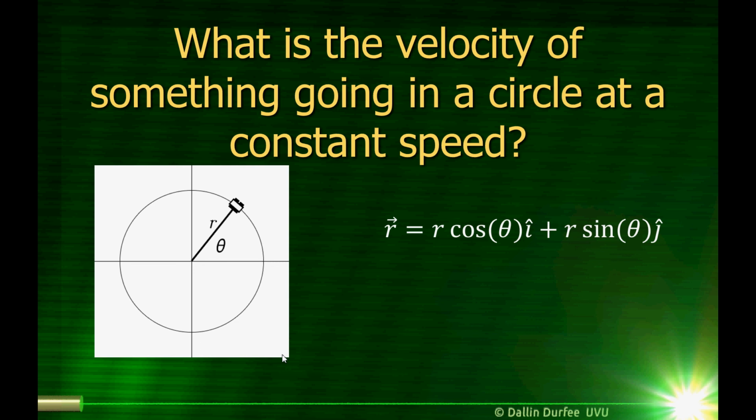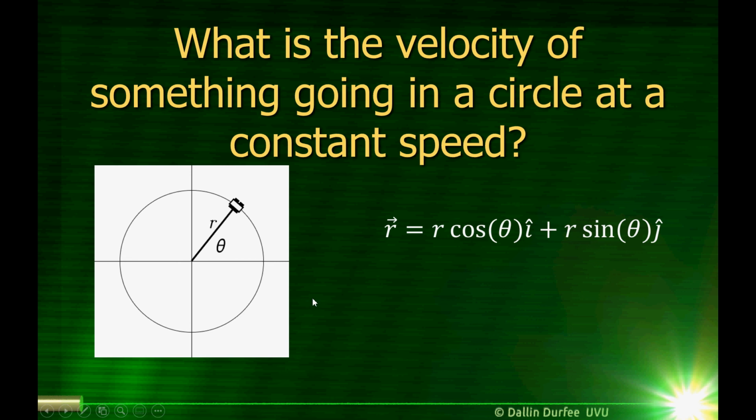Later on in the course, we're going to talk about motion in circles. So let's get a preview of that. Let's imagine I have a car that's driving at a constant velocity in a circle. Well, all the points in a circle are defined with this equation right here, right? So a point, a distance r from the origin, making an angle theta from the x-axis is just going to be r cosine theta in the I hat direction, in the x direction, plus r sine theta in the y direction.